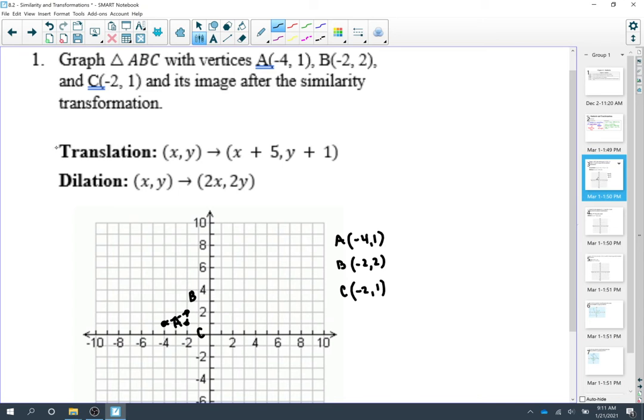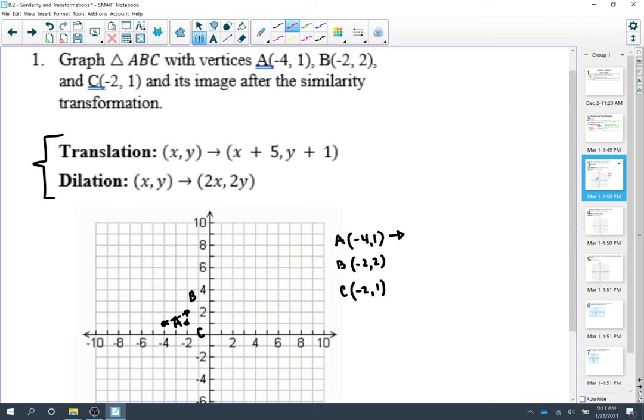And then we're going to start with our similarity transformation. Now, the first one, we're going to do these in order, is a translation where we're going to take x, y, and we're going to take x and move it +5, and we're going to take y and move it +1. Now, really, what we can do here to get our next step is you can just take the x coordinate and add 5 to it, and take the y coordinate and add 1 to it.